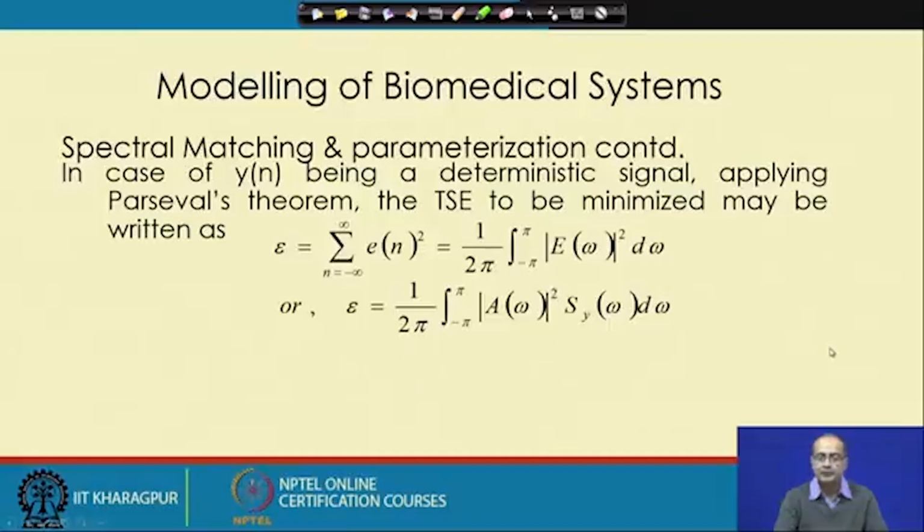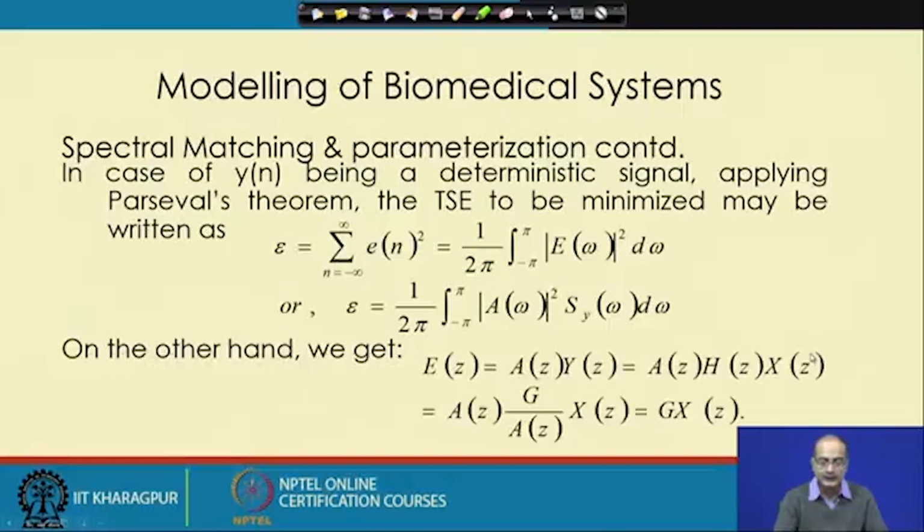So, it can be represented as |E(z)| squared, or the spectrum of the error, in terms of the square of that polynomial or filter A(omega), and the autocorrelation of the output S_y, or spectrum of the output, to be more precise. So, it is a convolution of that.